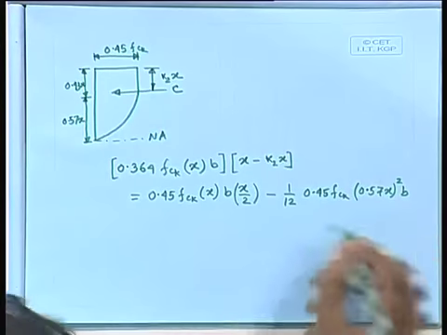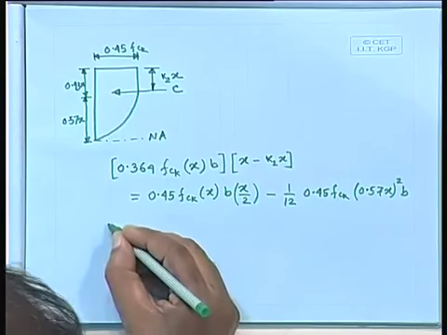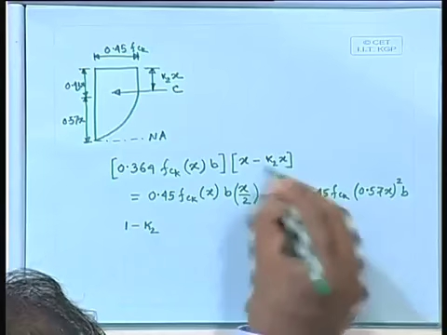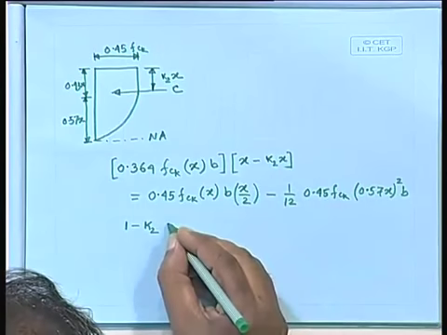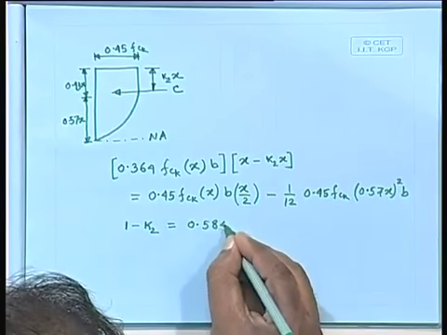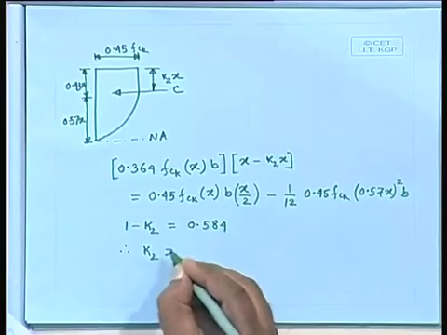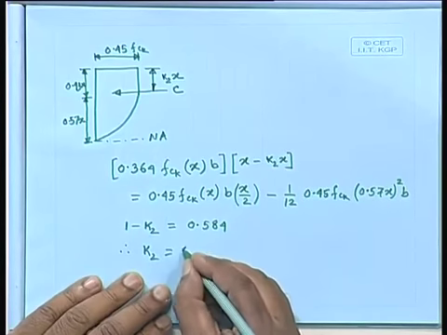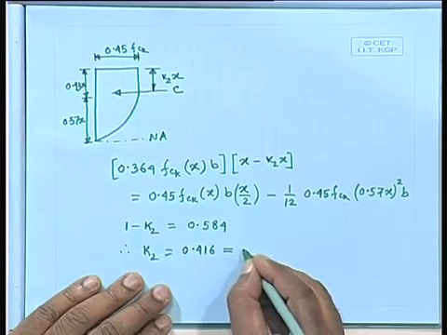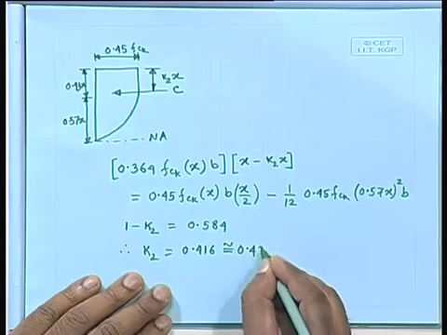So, we shall get this one, which equals 1 minus K2, if we simplify it, equal to 0.584. So K2 equals 0.416, or we can say, let us say 0.42.